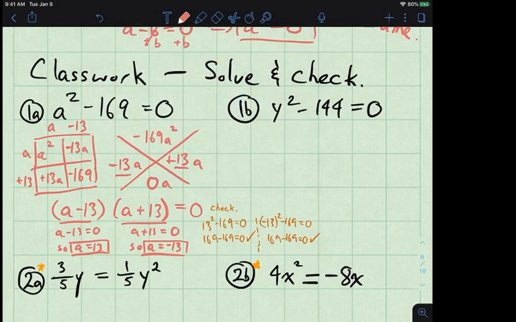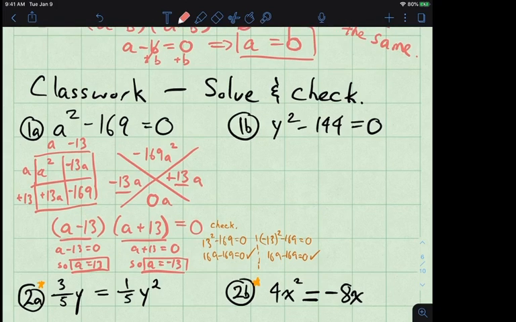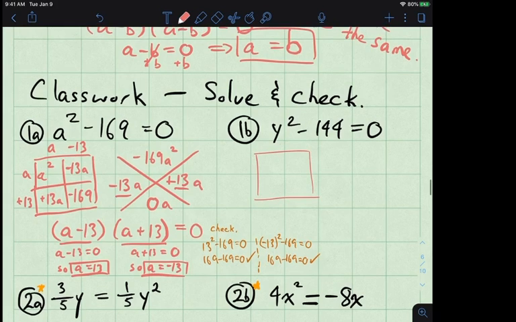Second problem. y squared minus 144, a similar setup. Or we can take some shortcuts and notice that that's a perfect square too. So this is known as difference of squares. So you can probably see that 1a and 1b are very much similar. But for practice sake, we can go through the motions. There's your diamond. 144, negative 144y squared, 0y, minus 12y, plus 12y. y plus 12, y minus 12.